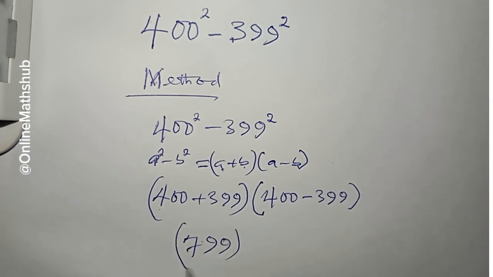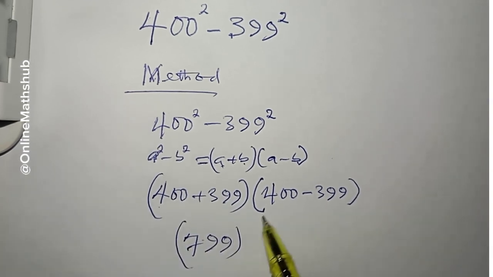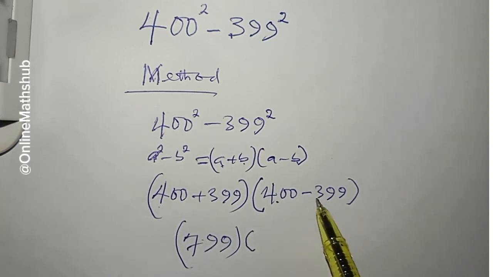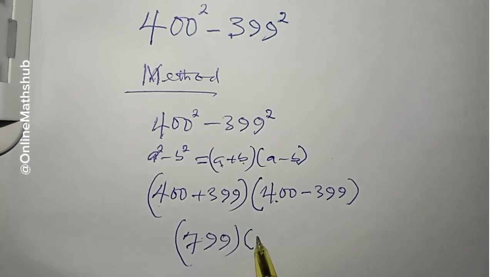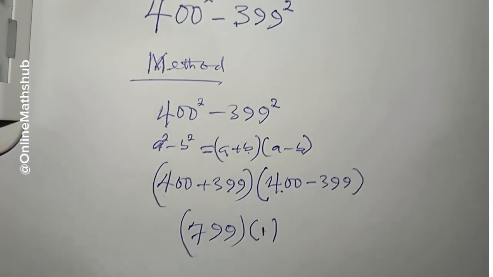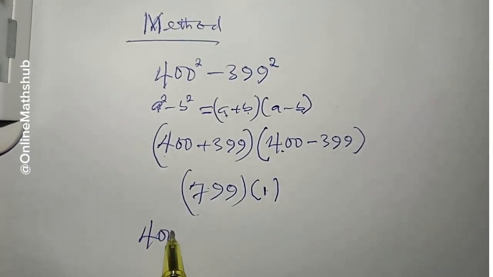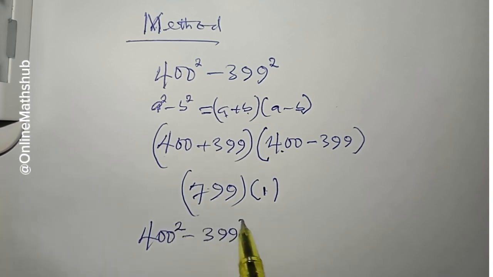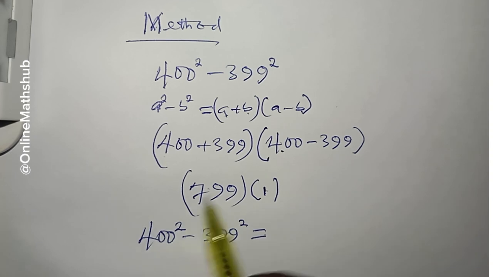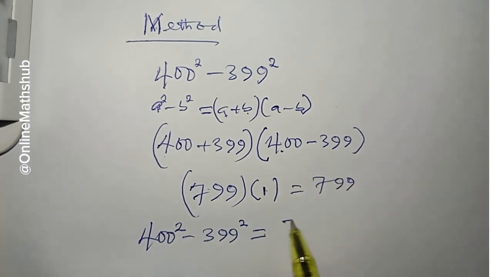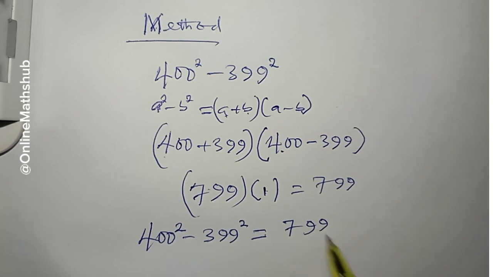799. So we're going to use that to multiply this over here. 400 minus 399 will be equal to 1. So obviously you can see that using this method, 400 power 2 minus 399 power 2 will be equal to, when you multiply this, just 799.